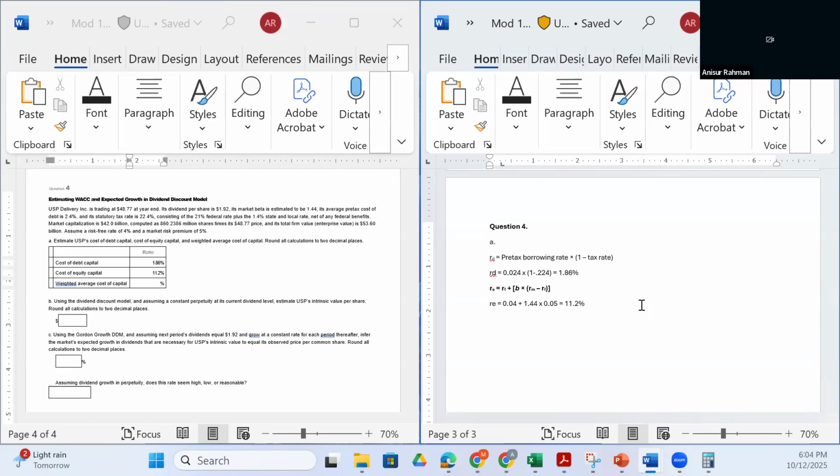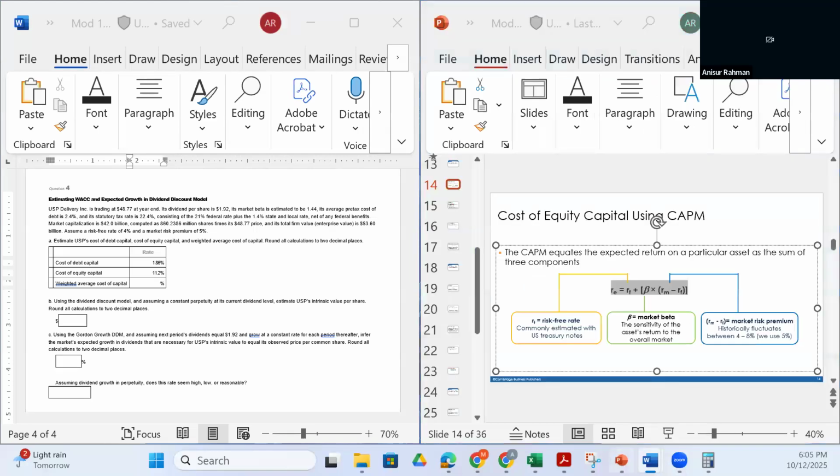At the same time, a company borrows money from bondholders, right? So which is debt. So we need to discount debt using the cost of debt. Because a company uses both equity and debt, we need a cost of capital that accounts for both equity and debt, which is weighted average cost of capital.